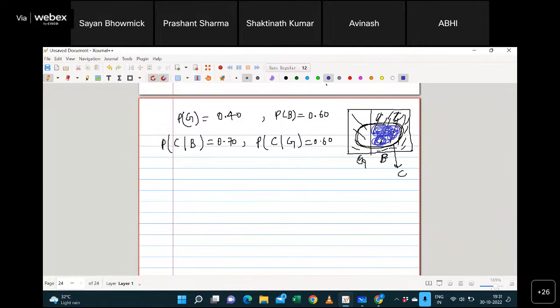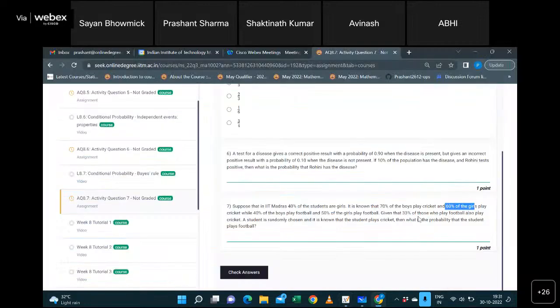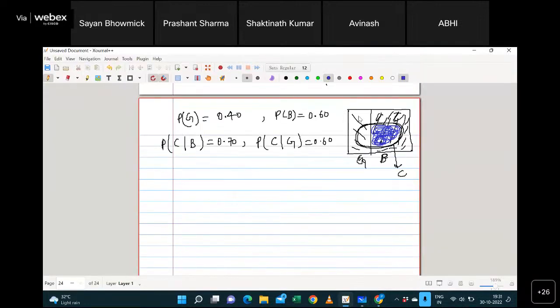Correct. Now, the question says that 60% of girls play cricket. That means out of the girls region, 60% play cricket, so this light blue region is for girls who play cricket.